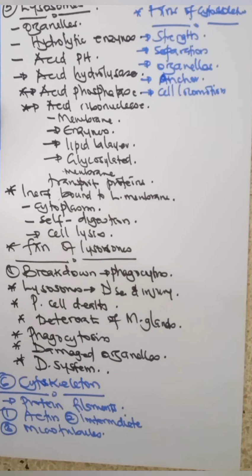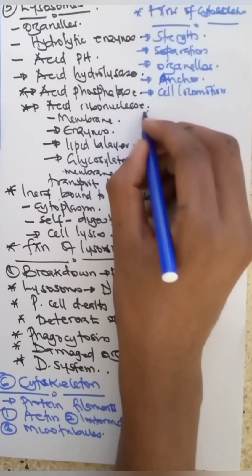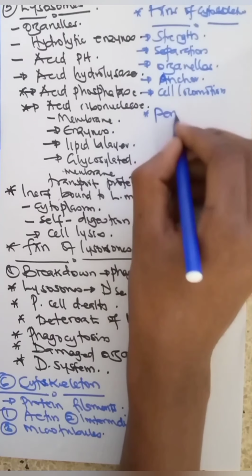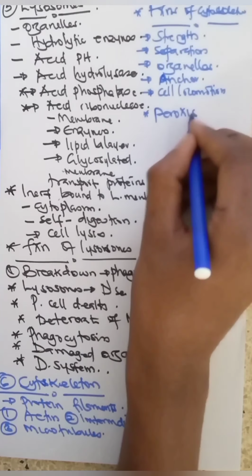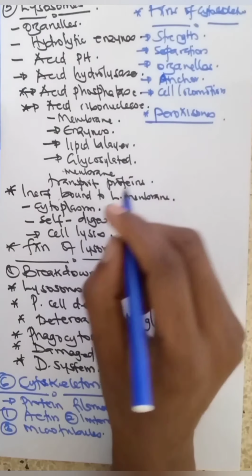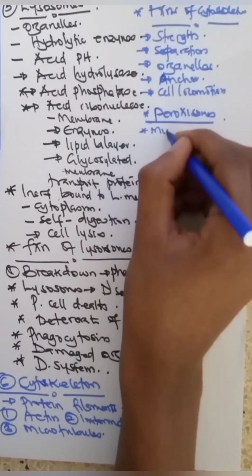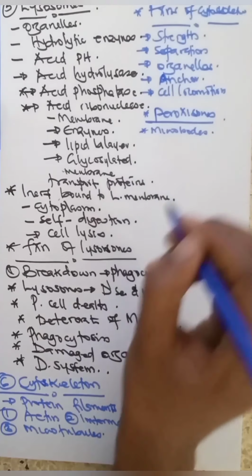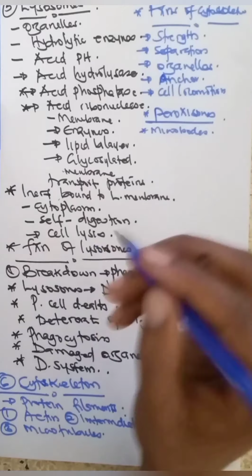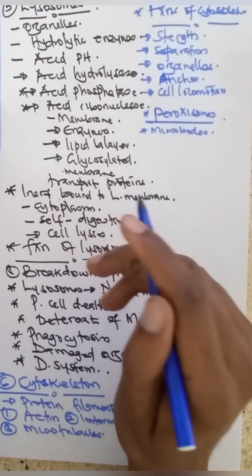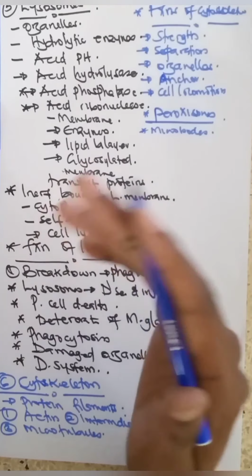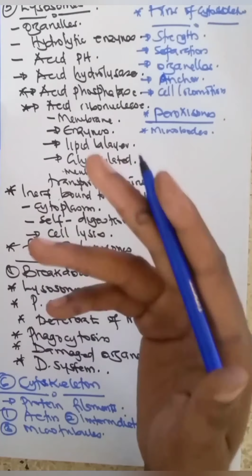Then, of course, we talked about the peroxisomes, but just to highlight something about them, the peroxisomes are majorly microbodies, membrane-bound organelles resembling lysosomes, but different in that they contain a set of enzymes called oxidases.